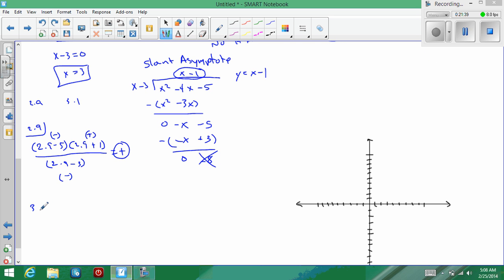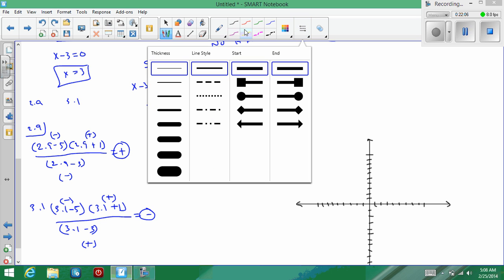And also for 3.1, I will get 3.1 minus 5, which is a negative number, 3.1 plus 1, which is a positive number, and 3.1 minus 3, which is a positive number. All positives? Nope. Two positives and one negative. I get a negative answer. So now I need to put my asymptotes in and my points.